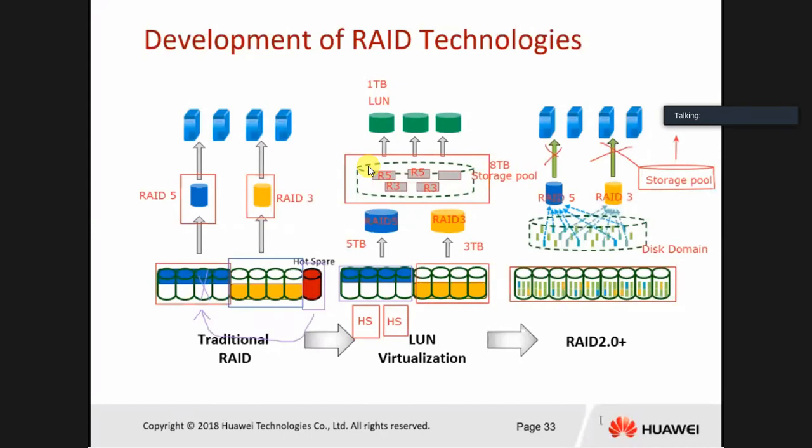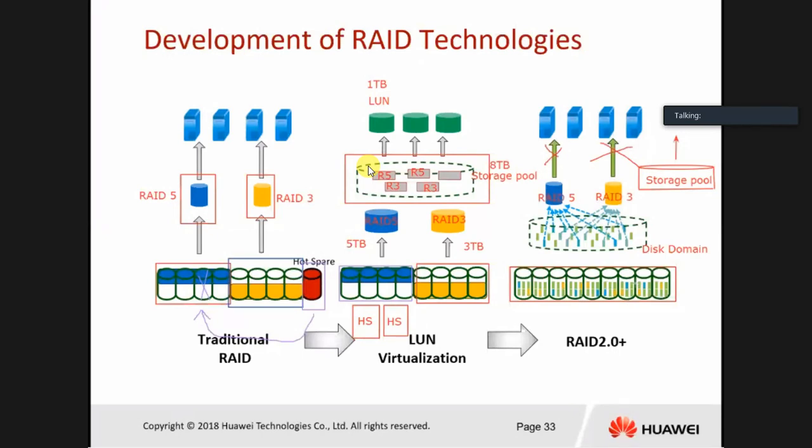One more very important thing comparing LUN virtualization and RAID 2.0 is that you no need to say that this disk is a hot spare. You don't need to plan that this disk is a hot spare. Compared to LUN virtualization, where you still need to mention that physical disk number one becomes a hot spare, in RAID 2.0 the hot spare is distributed among all the disks.